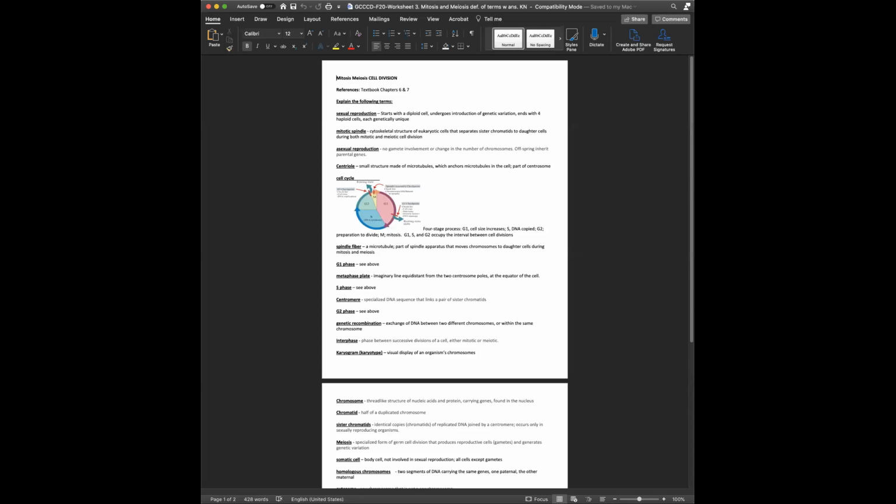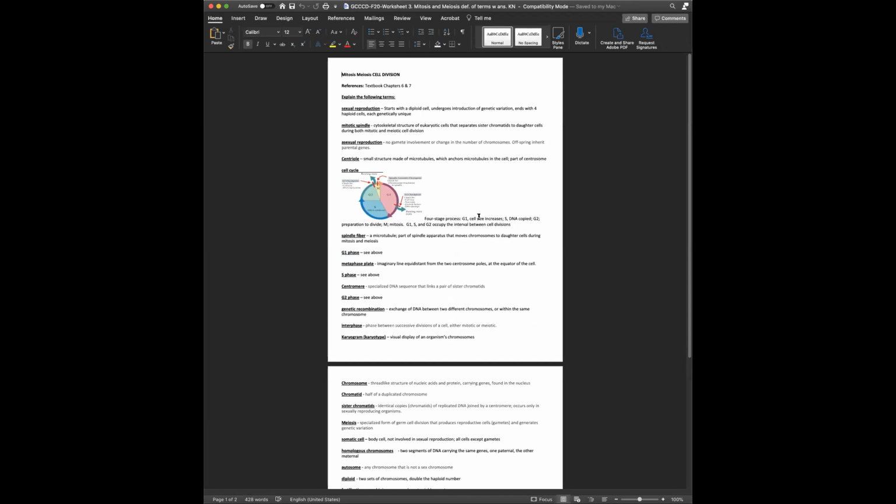Now, can you see it? Yes, sir, it's visible. Mitosis, meiosis, cell division. You can't read it? It is visible. Yes, it is. Okay. Yes, sir, we can see it.